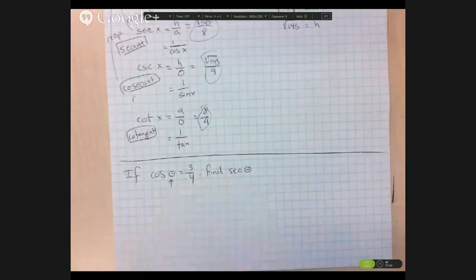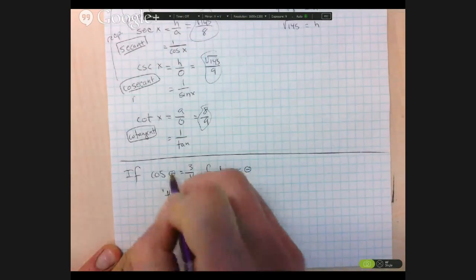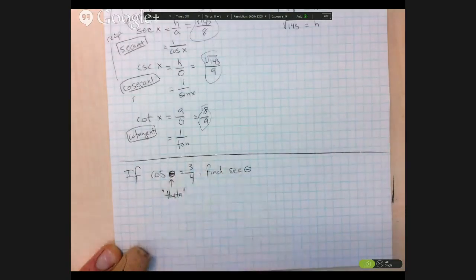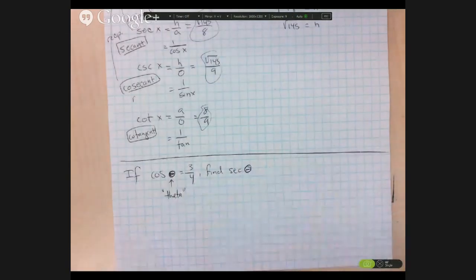So, as if English alphabet and math wasn't confusing enough, we're adding Greek now. This is called theta. It's a circle with a line through it. We use that letter a lot. So if cosine is 3/4, what's secant?